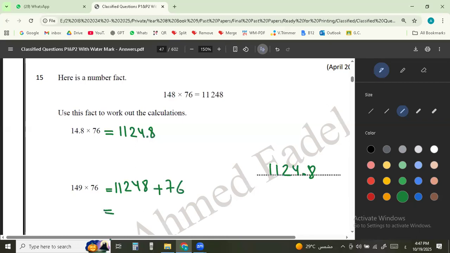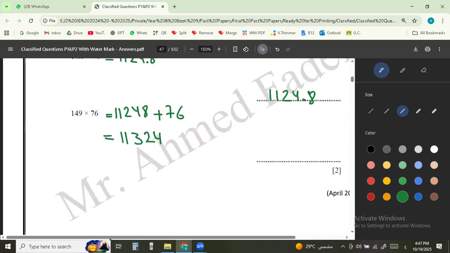So it's going to be 11,324. I hope that I got this right. Here's going to be 14, get rid of the 1. It's 5 and 7, 12. Get rid of the 1. Yes, exactly. So it is 11,324.